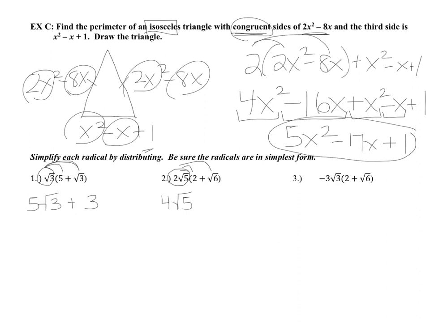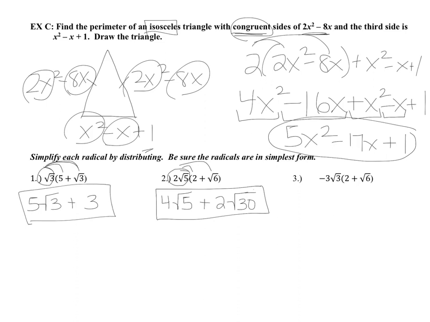So that would be plus 2 square root of 30. And if we could simplify either one of these radicals, if there was a perfect square I could pull out, then I would do that. But there's not a perfect square I can pull out. So that's my final answer there. You can't combine those because they're not like terms.